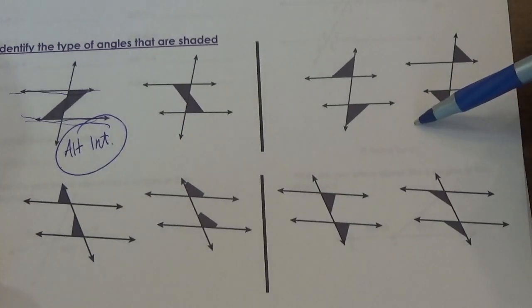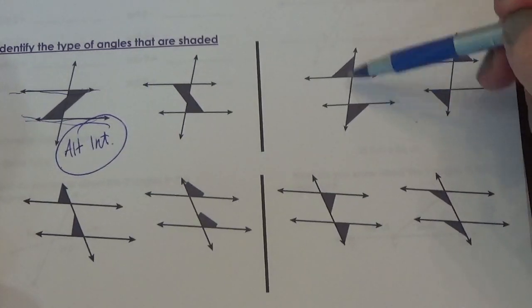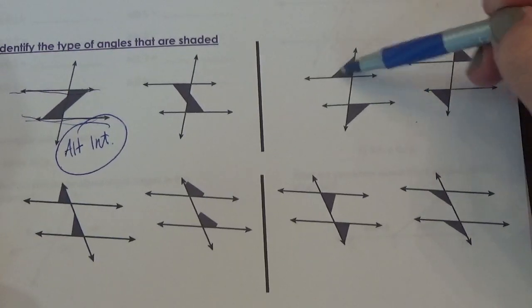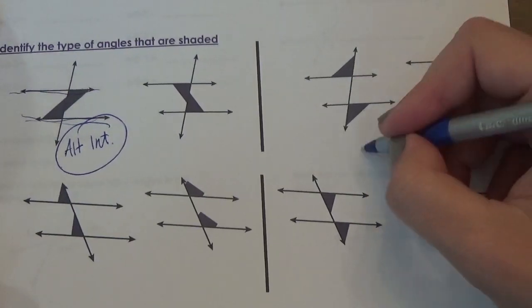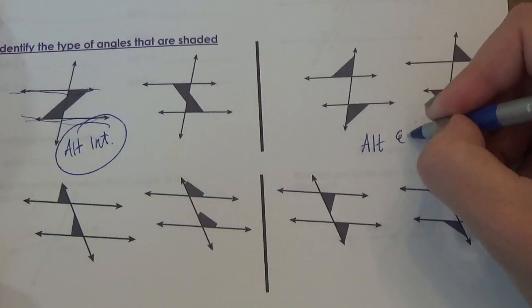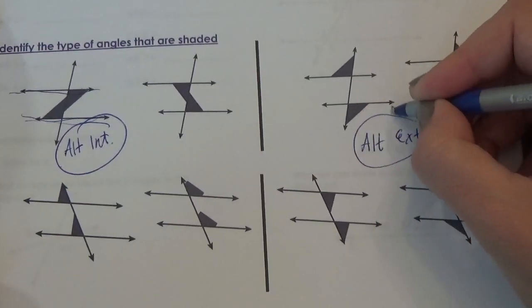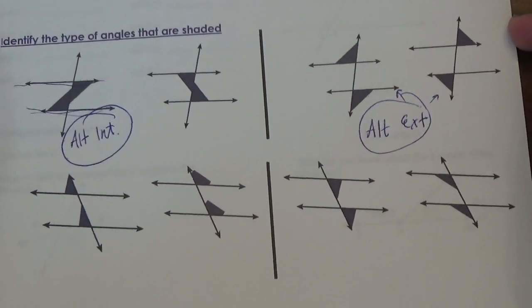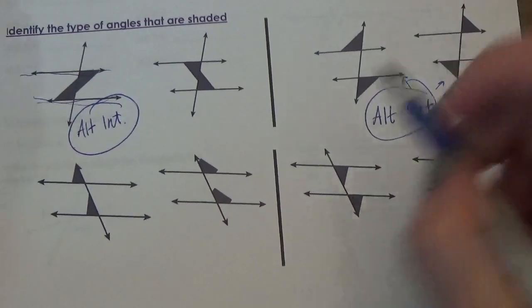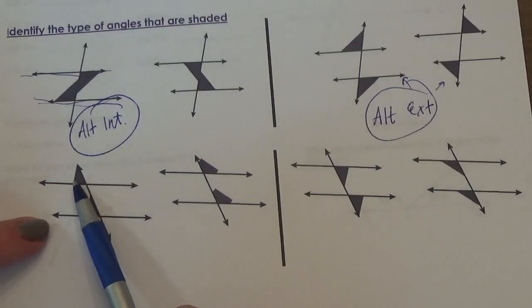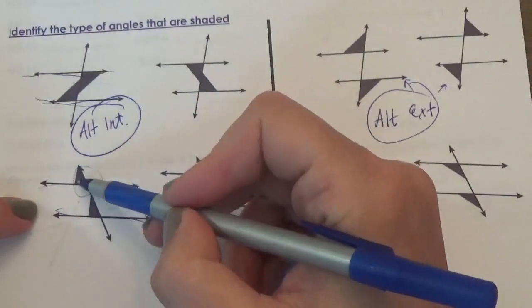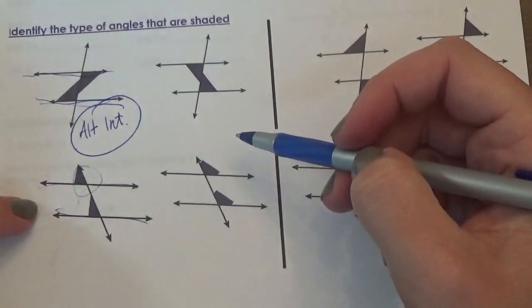Okay, how about this group? Looks like they're on the outside of the parallel lines and opposite sides. So these are going to be alternate exterior, right? And same with these guys, yes. Okay, how about down here? Here's the parallel. Here's your group of angles. Upper left, upper left.